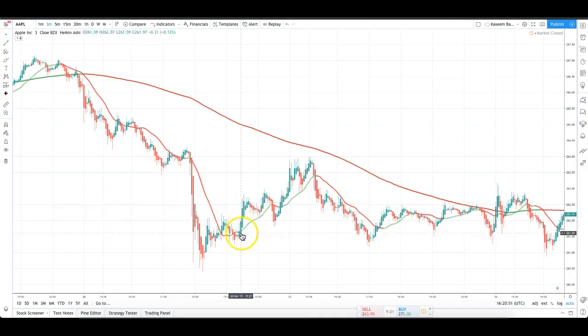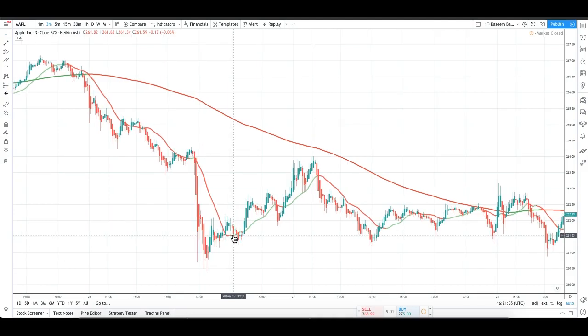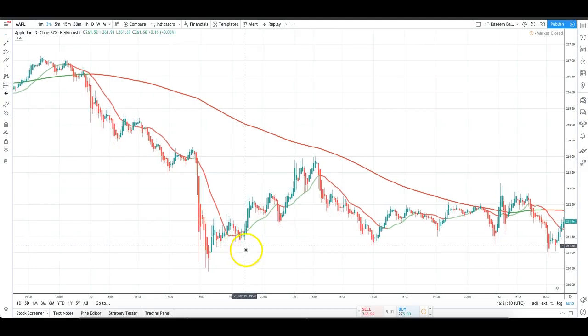Because remember, trading is all about trend. Which direction is the stock going in right now? And you want to be with the general trend. If you go against the trend, you're going to lose money. That's 100%. You don't want to hope and pray when you're trading. You want to know this is what's going on, this is where I need to put my money, and this is exactly what I need to be doing.